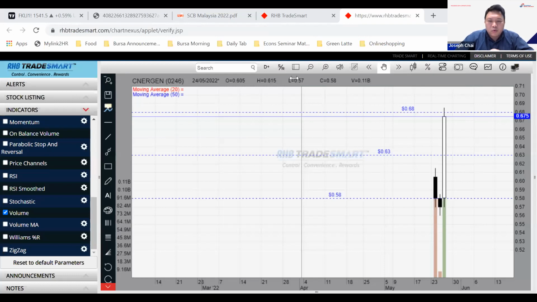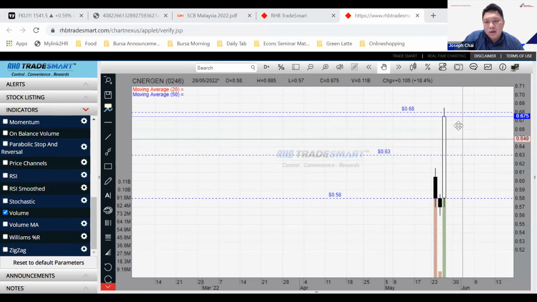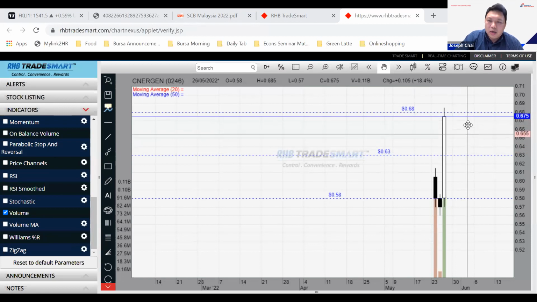So your first entry will be a pullback, and then your second entry will be a pullback as well. Then only your third entry is higher than your first and second, right? So I always look at the day chart. But my first entry is always on the pullback. It means if I think that the stock will go up, when the stock actually pulls back, that's where I'll go in first, right?